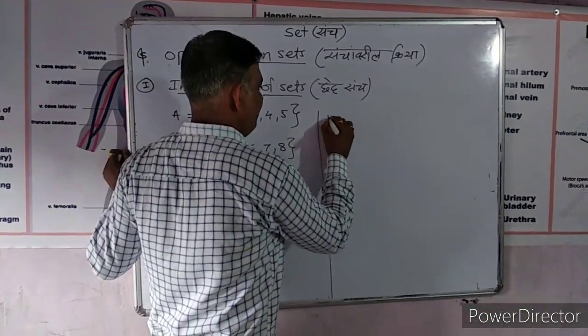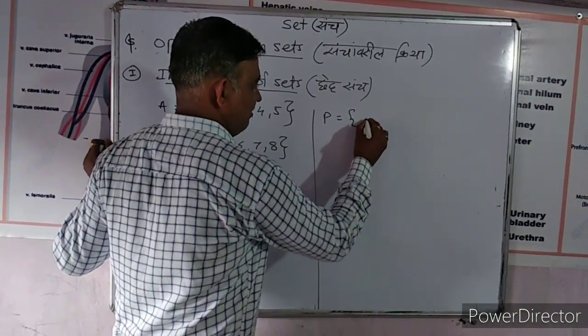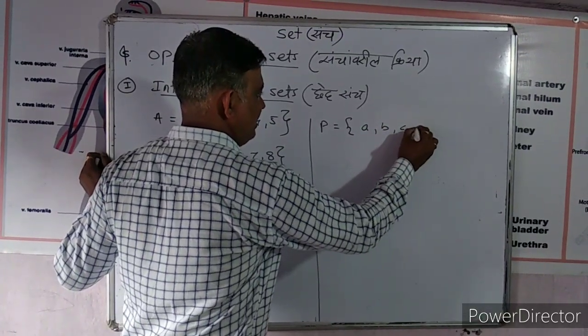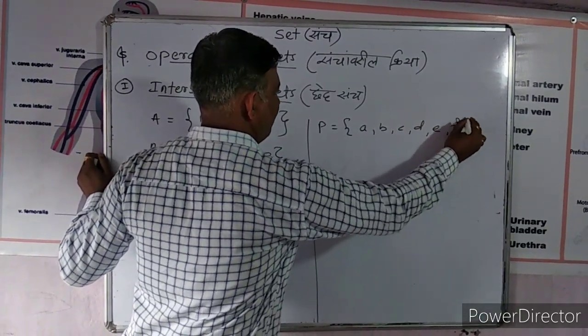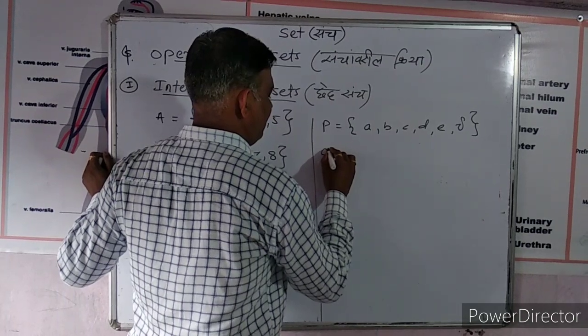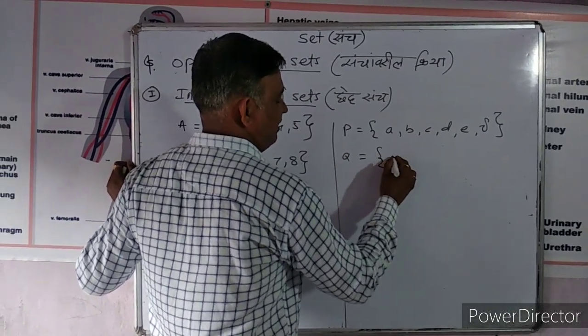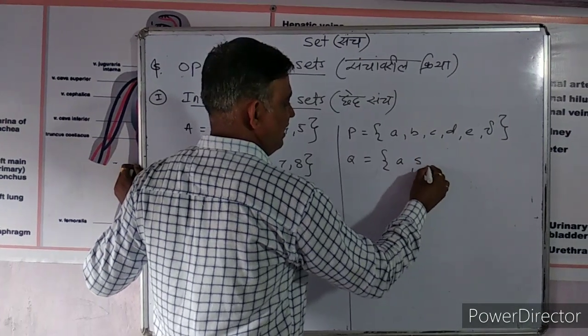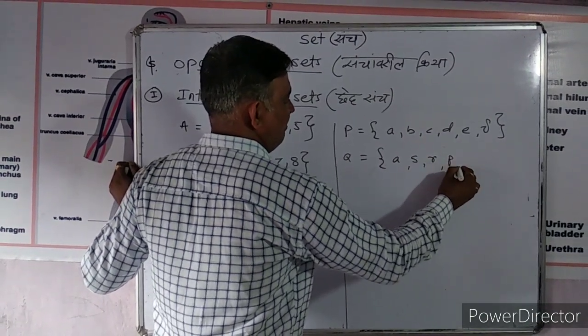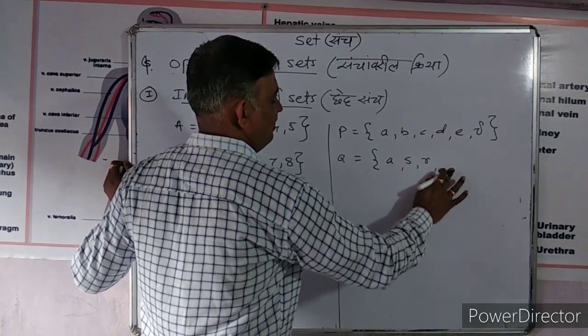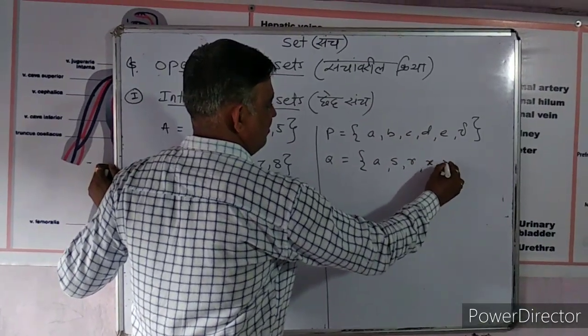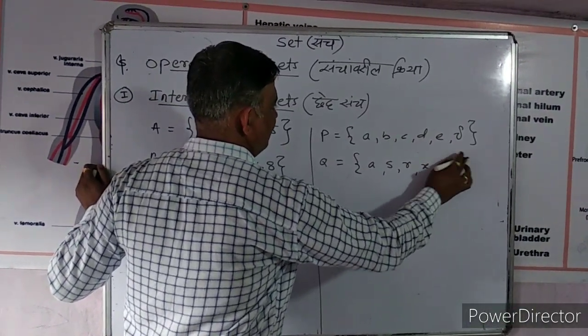Suppose P is equal to {A, B, C, D, E, F} and Q is equal to {A, S, R, P, X, Y, Z}.